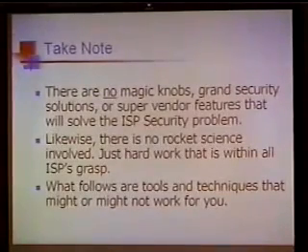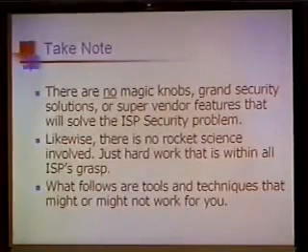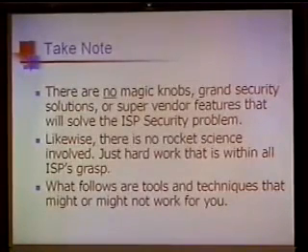You come up with a new counter and they come up with another way around it. So there's no final solution when it comes to ISP security. You're going to be constantly coming up with new counters, new techniques, as new attack profiles appear. It's constantly an evolving area. So you can't just say, boom, I've configured my network and my network's secure. It's never going to be that way, unfortunately.